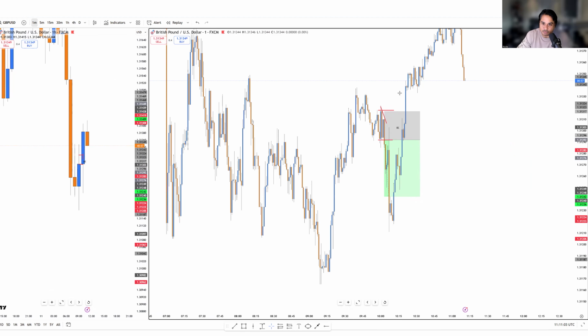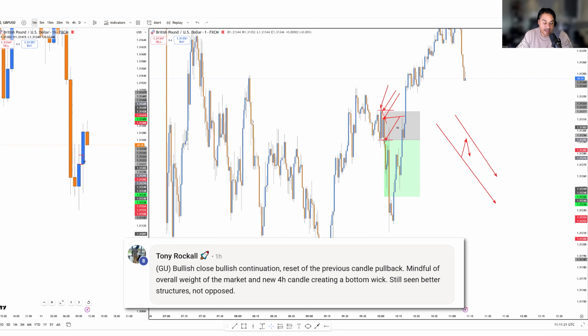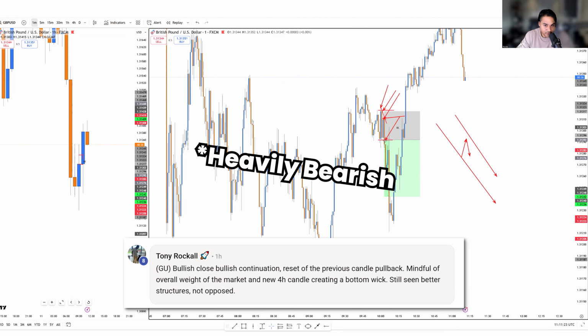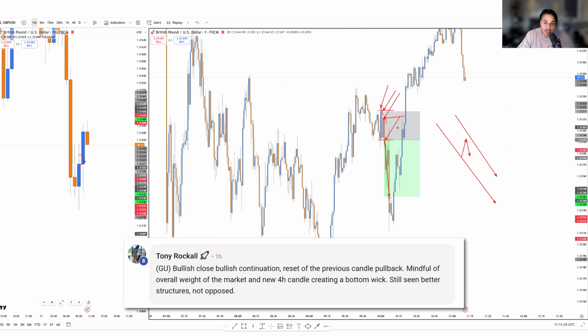So once we have price pulling back, after price failing to continue bullish, a complete collapse of that sentiment, price then pulling back, which will create that V-shaped pattern, just a simple trend pattern, and we break this low, that means that my thought process of the market being heavily bearish, the 4 hour candle pulling back to create a wick before potentially flipping bearish, has aligned.